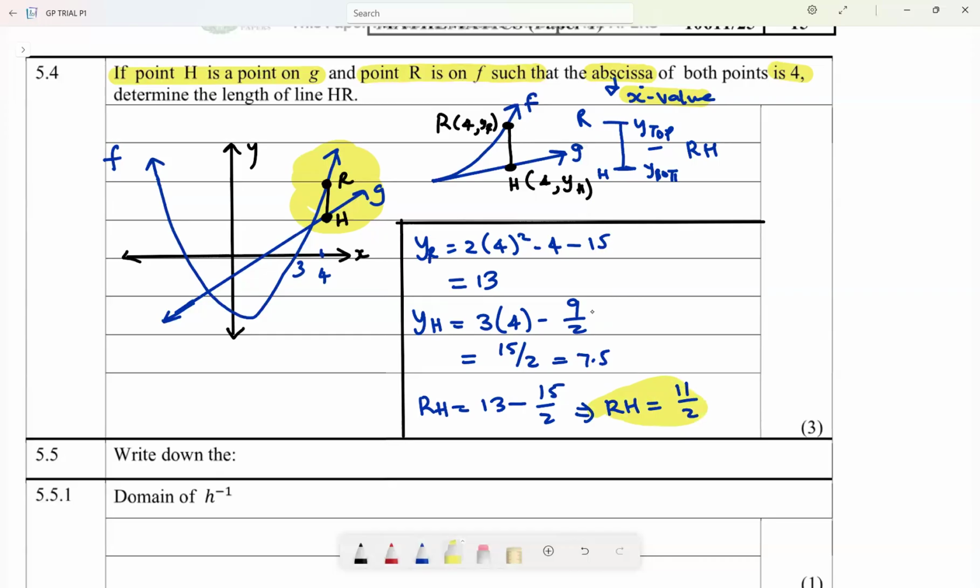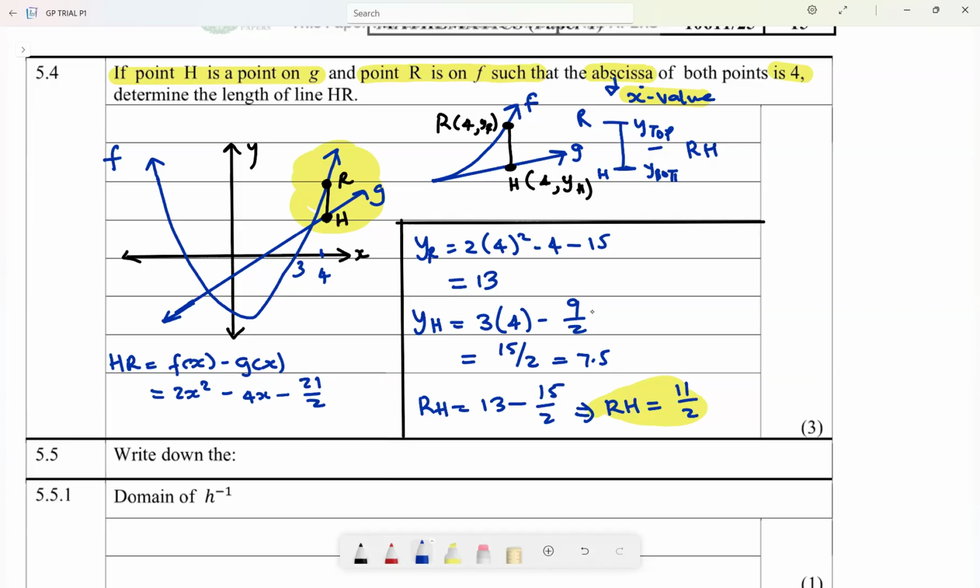I hope I simplified this question as much as possible. Or what you can do, you can say the equation of f is above. So you can say HR is equal to f of x minus g of x. You'll see after doing that, f of x minus g of x will give you an expression that looks something like 2x squared minus 4x minus 21 divided by 2.